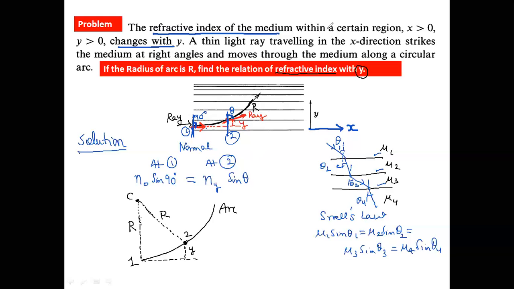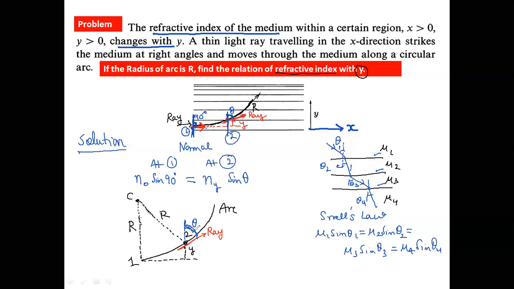At point 2 the ray is along the tangent, representing the direction of the ray, and the normal to the refracting surface at point 2 is along the y-axis. This angle was considered as theta in the Snell's law equation.